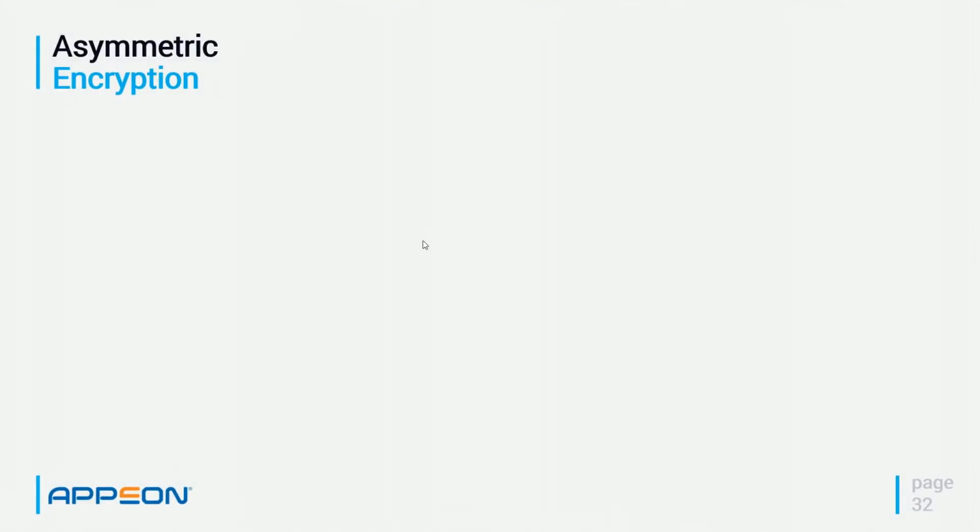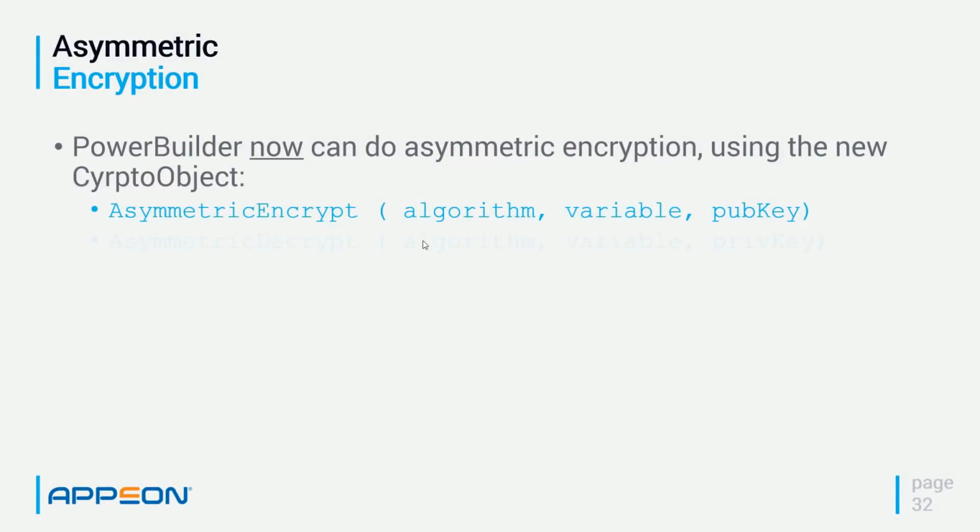Then there's asymmetric encryption. Now, once again, there's two methods, an encrypt and a decrypt. There's an algorithm. Once again, there's a variable. This is the data that you're trying to encrypt or decrypt. But now there's a public and private key. Now this is different. With the symmetric encryption, the key could be anything, any value that you just decide to use.